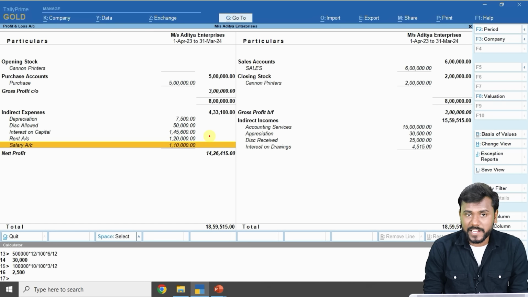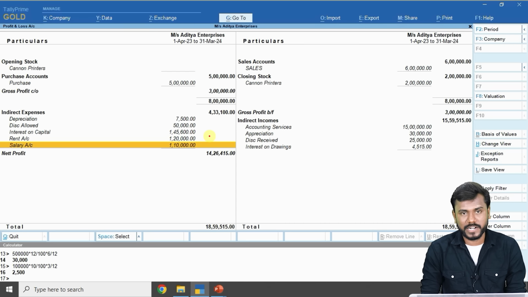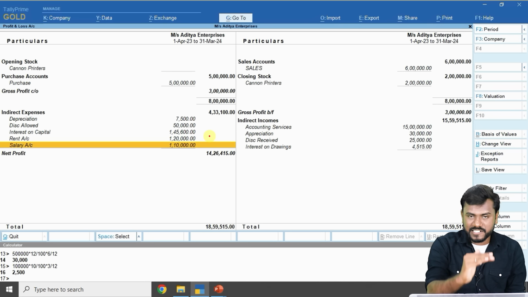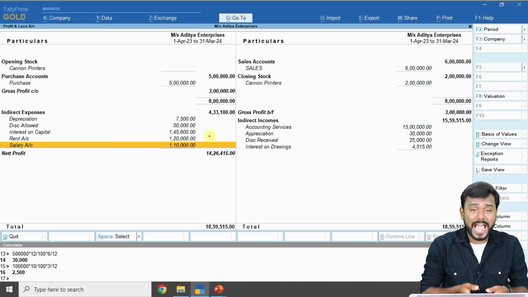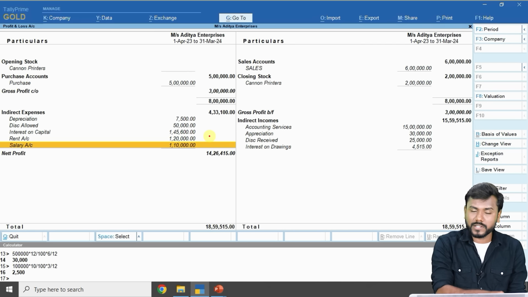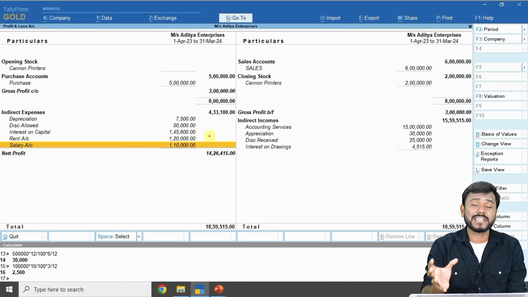Actual salaries payable is 1,20,000, but you paid only 1,10,000. Now you need to book the expenditure, increase expenses, reduce the profit, because that is an expenditure that belongs to this year. As it is not paid, you book the expenditure, reduce the profit, and create a liability for the same 10,000.